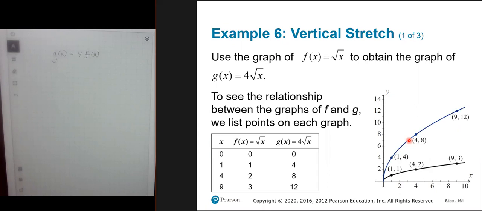So the graph of f of x equals the square root of x is vertically stretched by a factor of 4 to obtain the new graph. The graph of g. All right, so yeah.